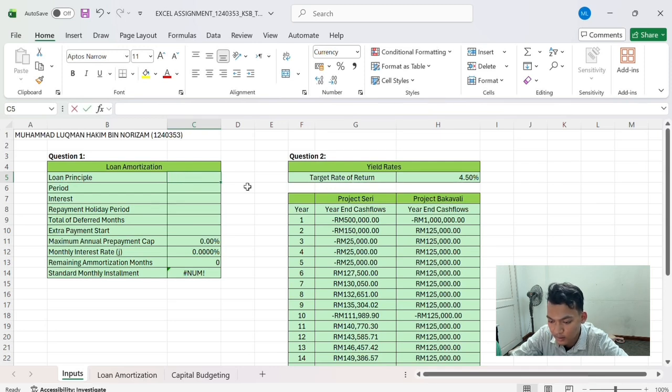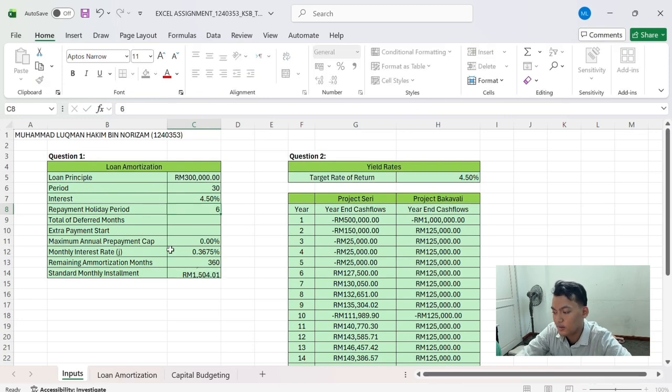And let's put all the information that we get from question 1. As we know, the loan principal is 300,000 ringgit. The period is 30 years, and the interest is 4.5% as stated in the question.